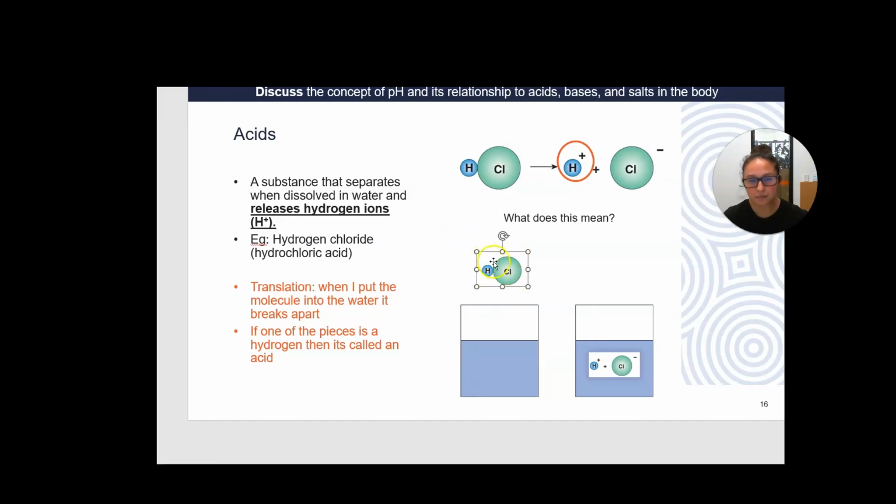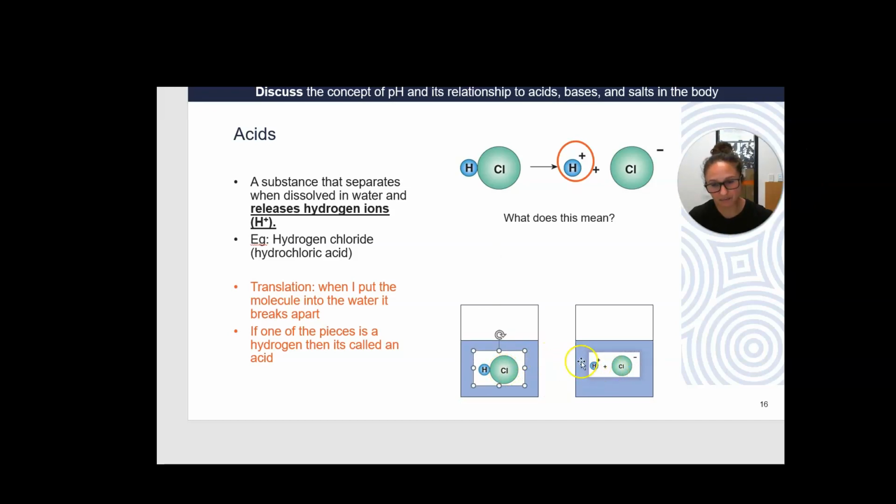If I have this particular molecule here, this is hydrogen chloride. If I add that into my beaker with water, it breaks apart.